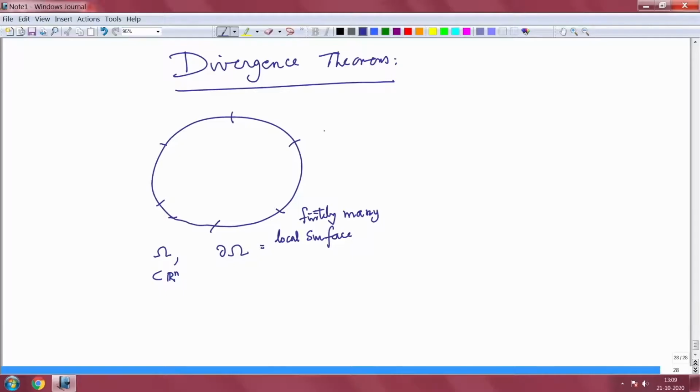So you can put conditions on when this omega satisfies these conditions. Each piece looks like a surface of this form, given by a graph. That is the advantage.